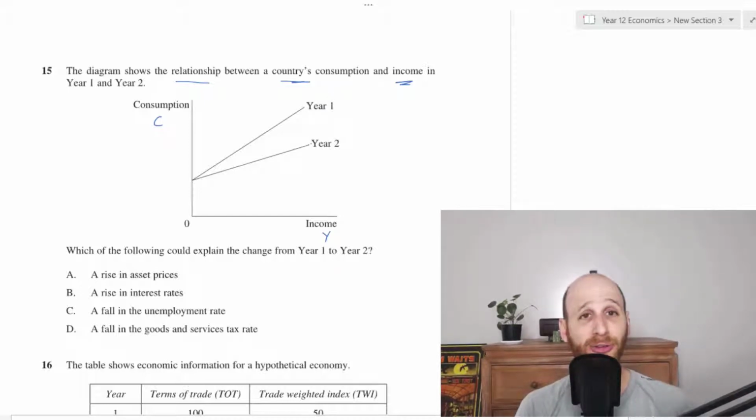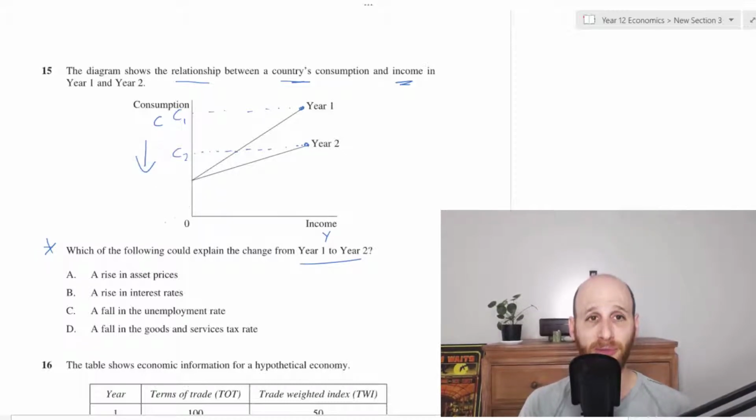In year 2, consumption is lower. And you might say, well, how do you know that? Put a little dot there and a little dot there, and then I could just match it up. In year 2, consumption is there. So which of the following could explain the change? Which of the following could explain a fall in consumption?